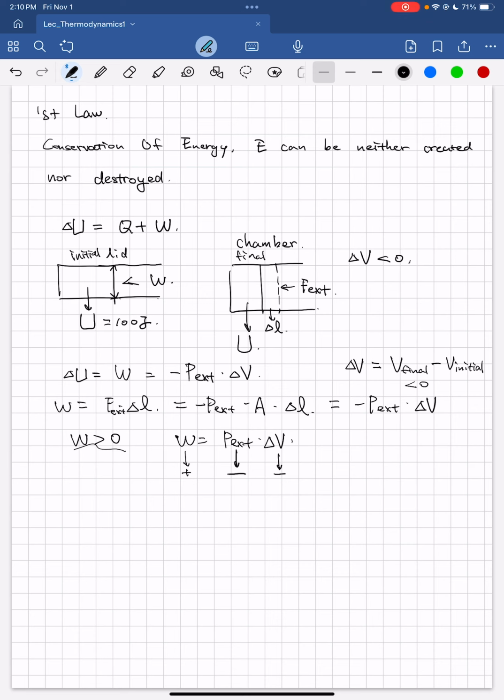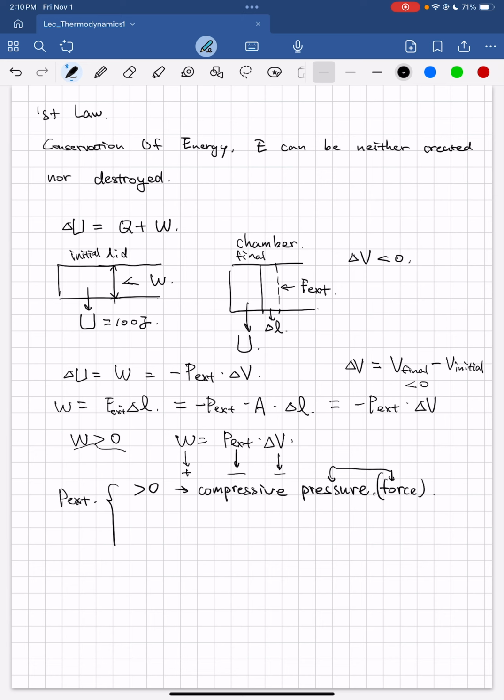But if you learn mechanical behaviors of materials, you'll learn that external pressure is positive for compressive pressure, or force. It's the same concept, okay?